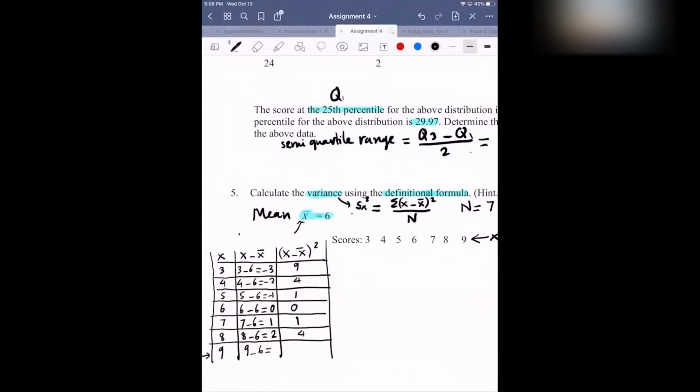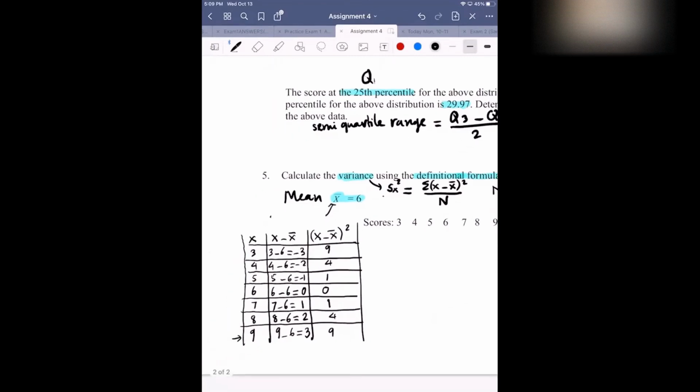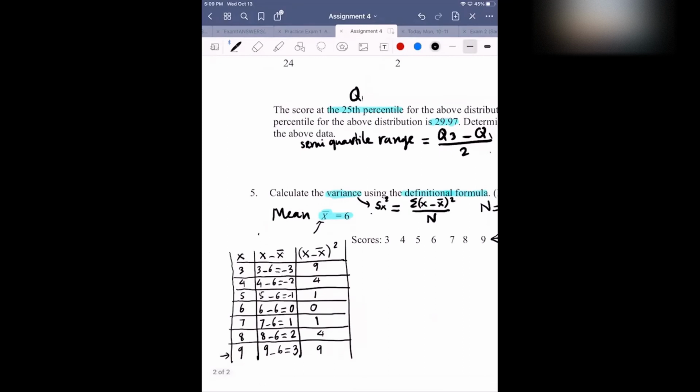All right. It's good. How about 9 minus 6 is what? I got 3. All right, and then what is 3 squared? 9. All right, good.